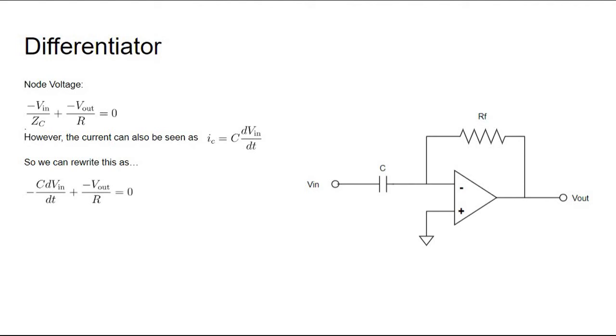Solving for V out, we get V out is equal to negative RC times the derivative of your input. And there you go. This is how you get the derivative of your input for your output voltage.